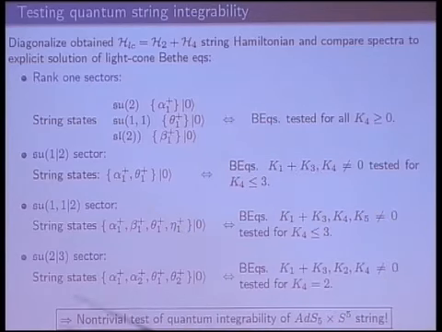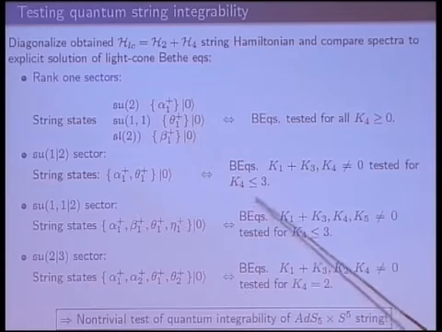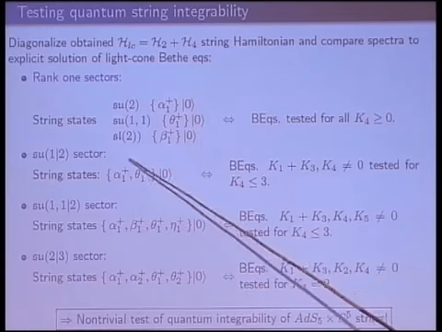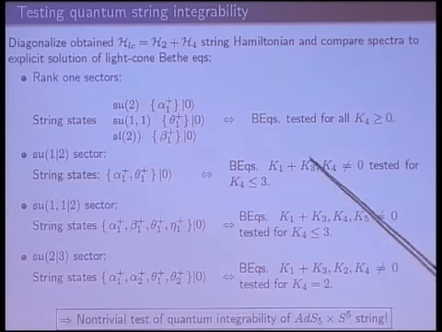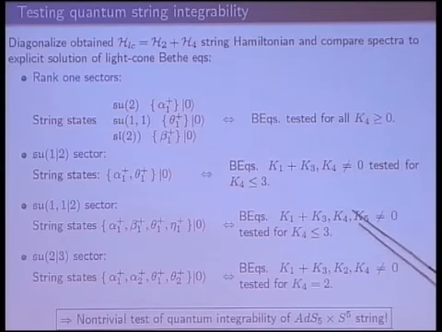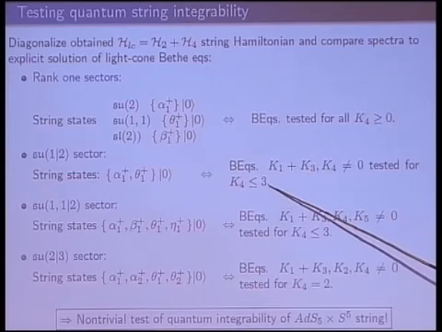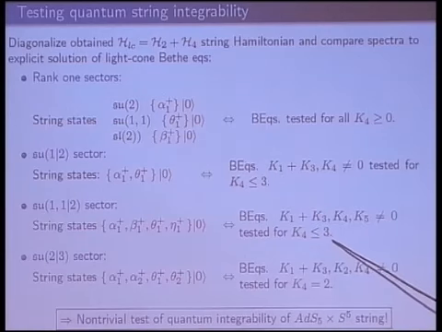For SU12, which has this excitation pattern now, alpha 1 and theta 1, this is the first time you have some nestedness in your beta equations. This has been checked for K4 smaller than 3. And the higher the rank gets, the harder the checks become, of course, because solving these beta equations is really, really complicated.